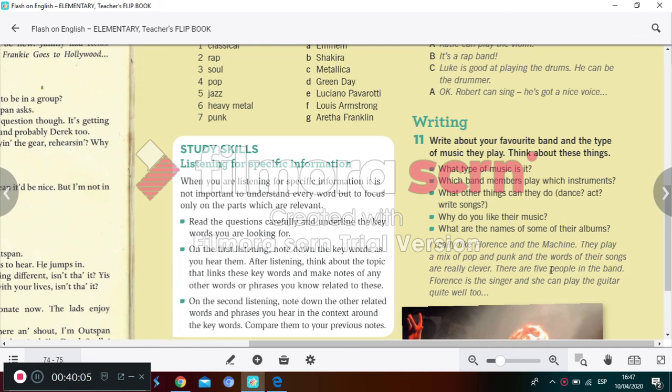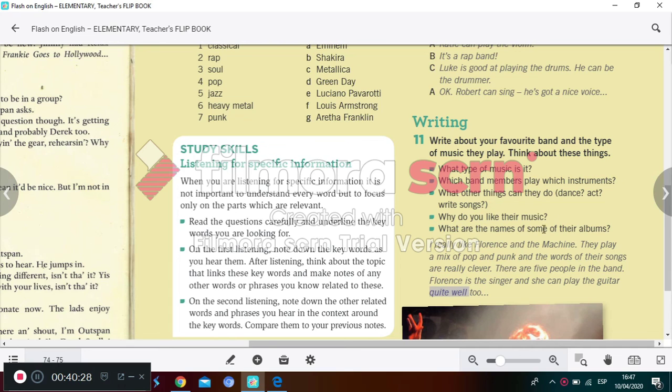There are 5 people in the band. Florence is the singer and she can play the guitar quite well too. Okay, so students, this is your full homework and your opportunity to get 20, and it is your practice.